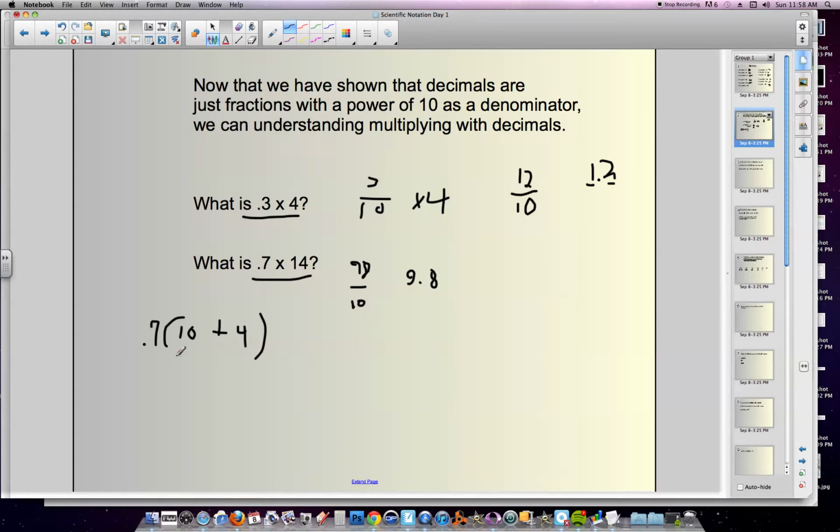Because 7 times 10, we could write this as 7 times 10 over 10. That's 70 over 10, or 7. And this is 7 times 4 over 10, so that's 28 over 10, or 2.8. Just a quick way to do some mental math, since 14 times 7 may not just be instantly memorized for us.